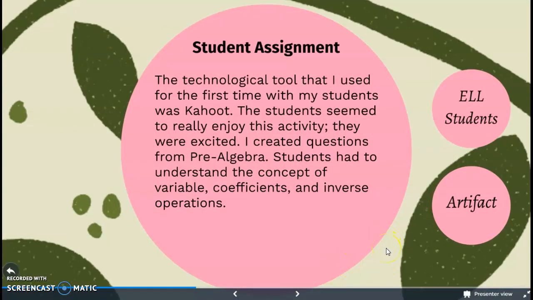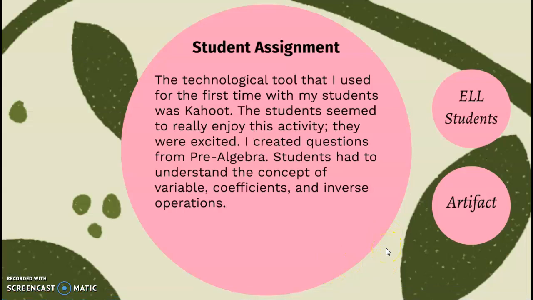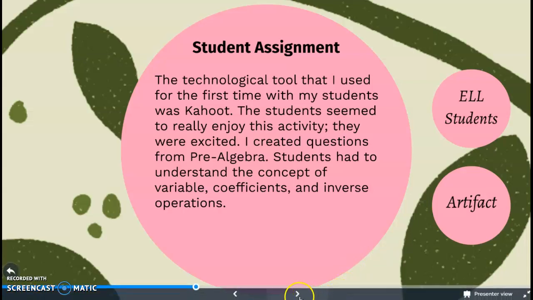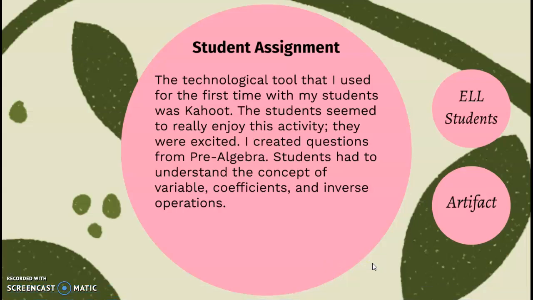And for part 2, the student activity or assignment that I did, believe it or not, I never used Kahoot. This was my first time using it. What I ended up doing for that particular lesson is that I used 10 questions from a unit that we did in pre-algebra using the concept of variables and coefficients and inverse operations.